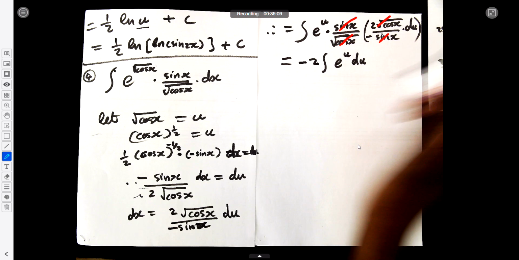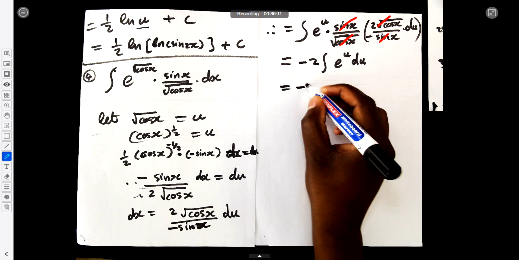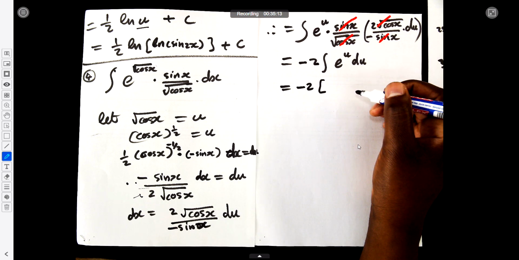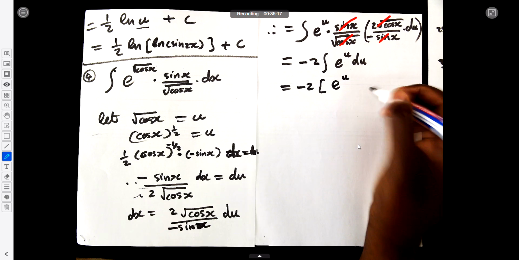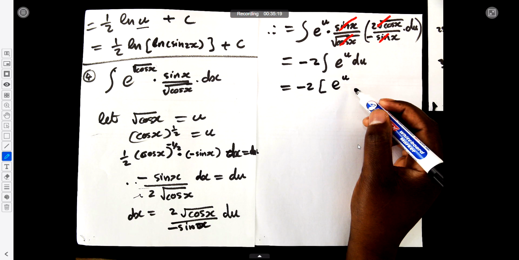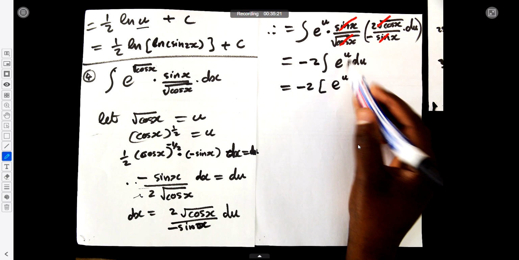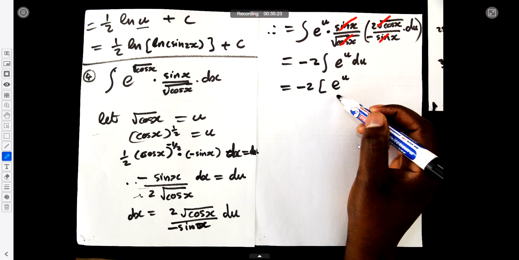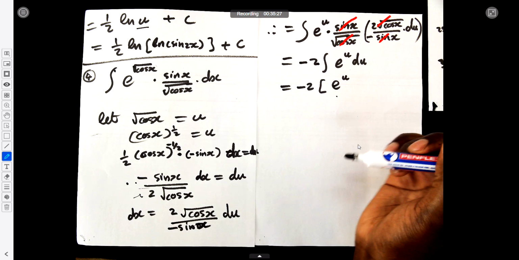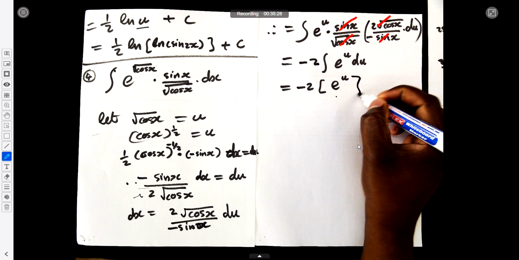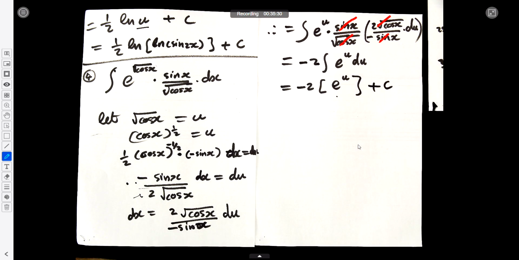So this is easy, as basic. We know that when we integrate an exponential function, it always comes back as exponential as it is. We're supposed to divide by ln of the base, ln e. Ln e is 1, and the derivative of the exponent is 1 in terms of u. Therefore, plus a constant.